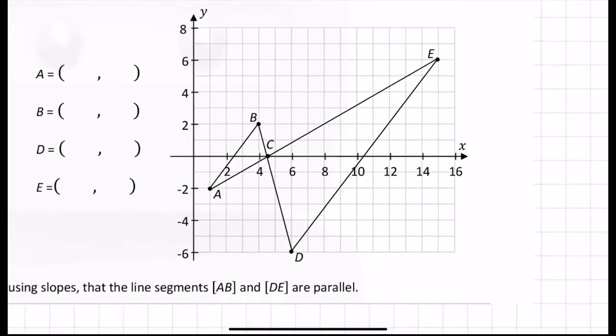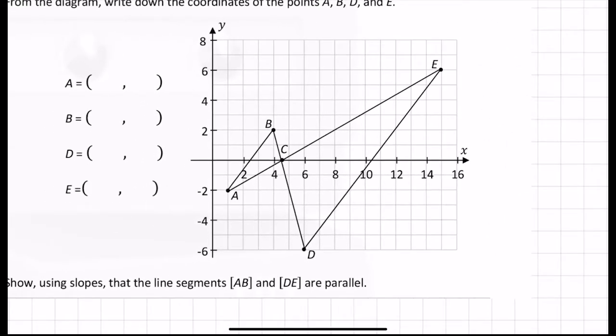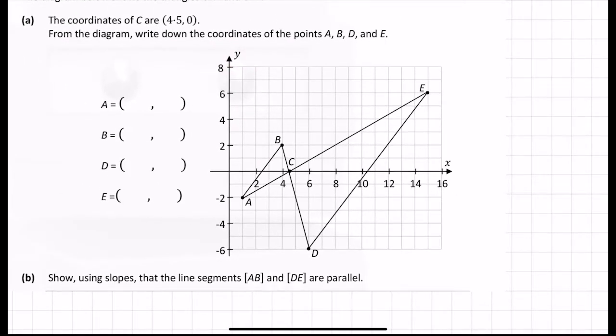Okay, so let's zoom in. So point A, so always X before Y in the alphabet, X before Y when you're writing down points. So A is over one box and down 2.